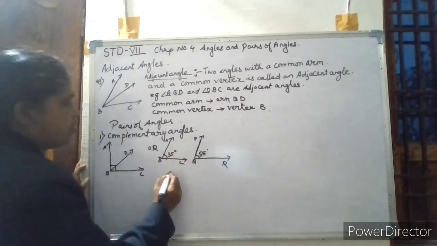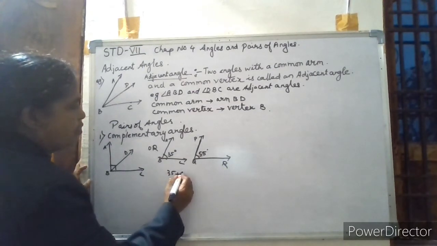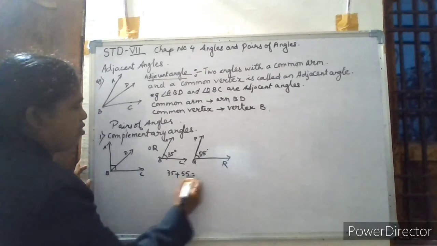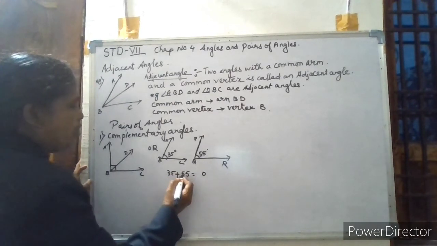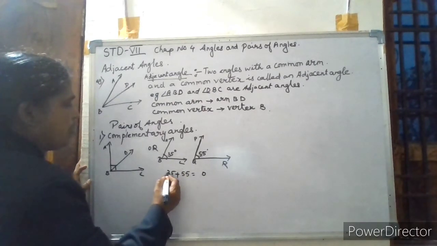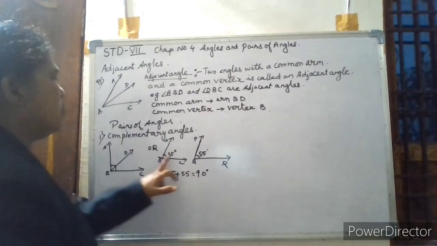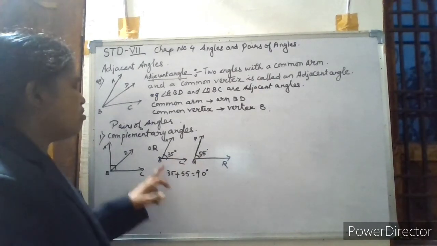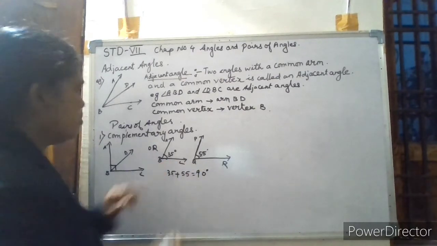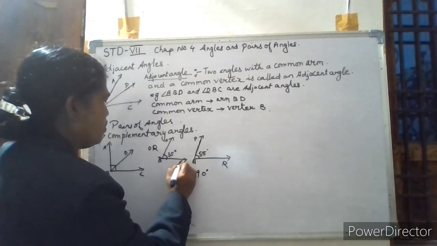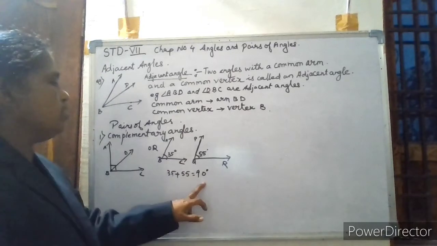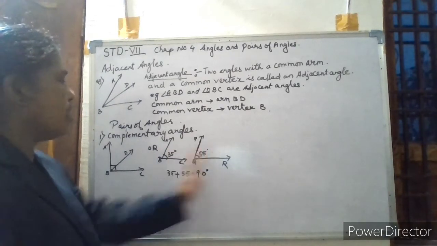See, 35 plus 55: 5 plus 5 is 10, carry 1, 3, 5, 6, 7, 8, 9. It makes 90 degrees. So, the sum of these two separate angles makes 90 degrees. Therefore, they are called complementary angles.